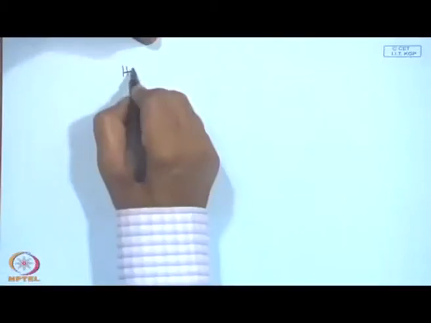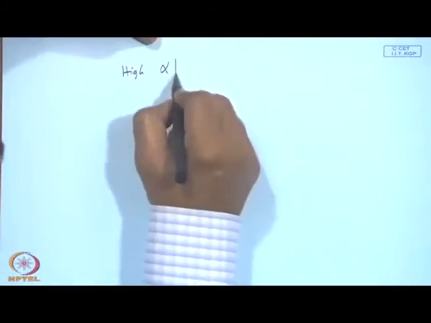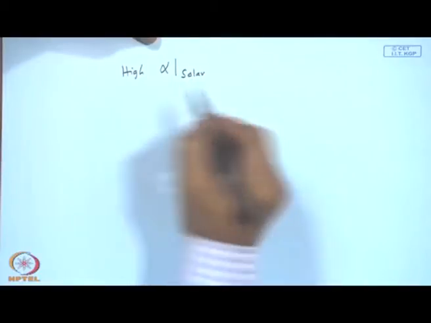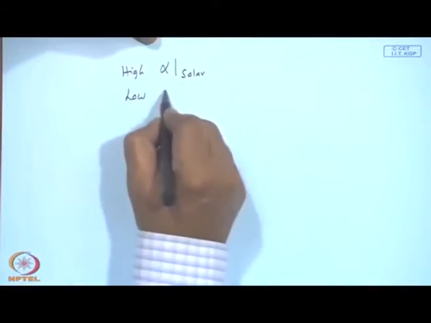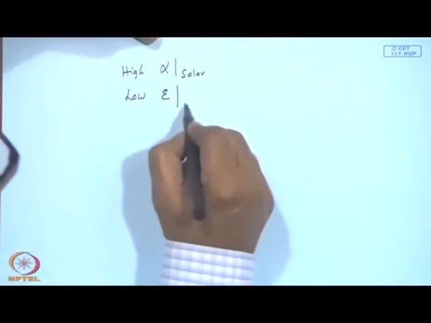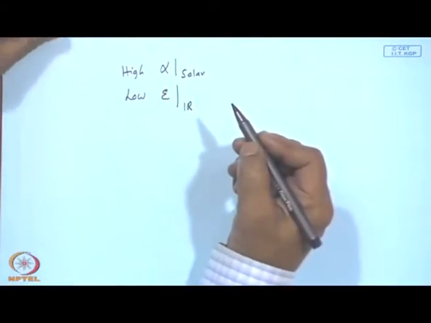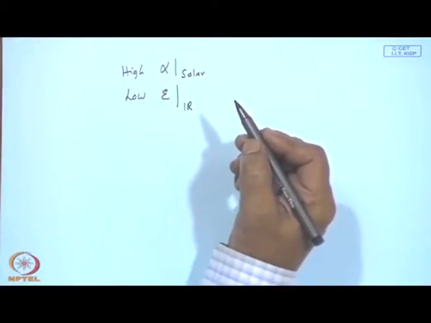However, we can make use of high alpha in the solar range and low epsilon in the infrared range, because the absorption takes place in the wavelength range of 0 to 4 microns and the emission takes place at considerably higher wavelength as determined by Wien's displacement law, lambda max T is a constant.